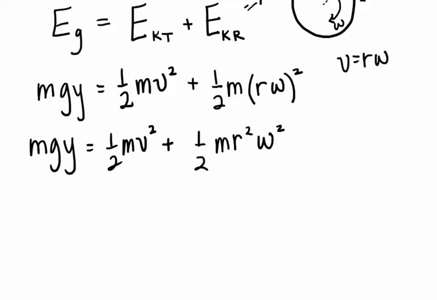Now check this out. Kinetic energy has a 1/2, a mass, and a speed squared. This rotational energy has 1/2. It has a mass, but what did you find about the position of the mass? Did the position of the mass change how it rotated?